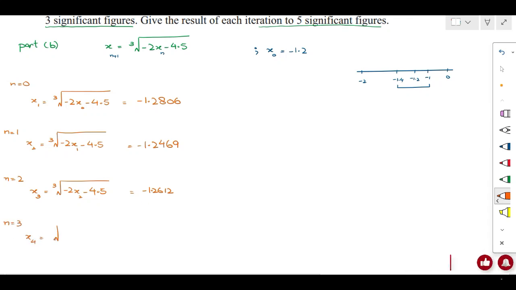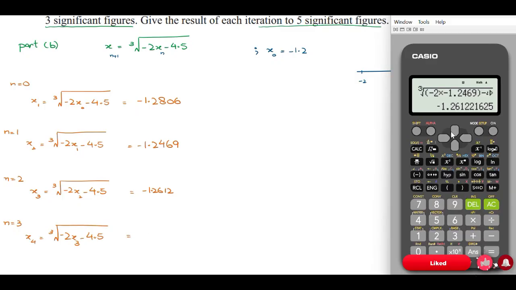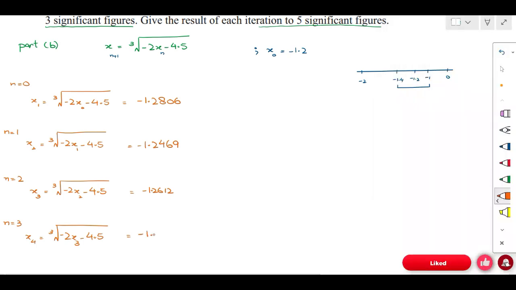This should be equal to the cube root of minus 2x3 minus 4.5. If I write this over here, minus 1.2612, which gives minus 1.2552, 1, 2, 3, 4 and 5, and so on.